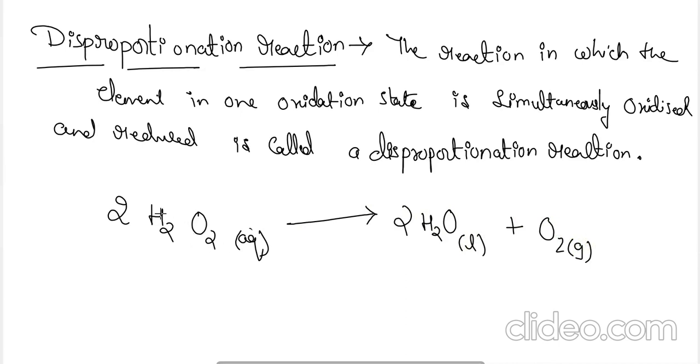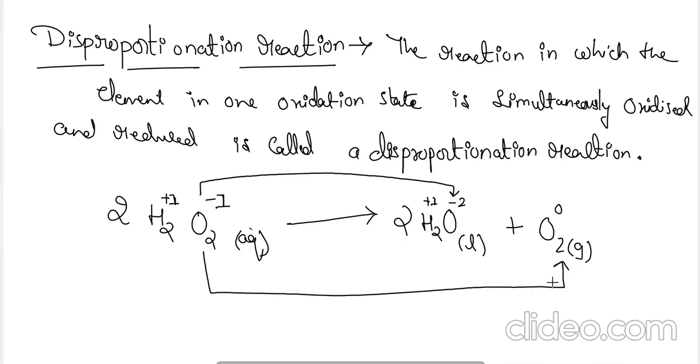In hydrogen peroxide, oxygen has a -1 oxidation state and hydrogen has +1. In water, the oxidation state for hydrogen is +1 and oxygen is -2, and in O2 it is 0. So in both cases we observe that oxygen has undergone both oxidation and reduction.